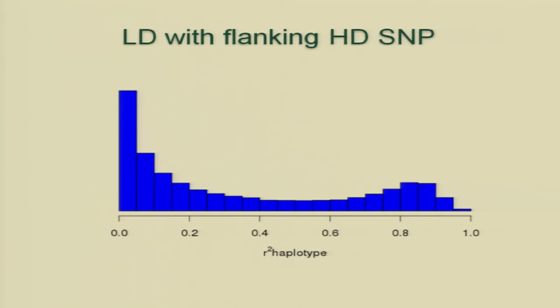The distribution isn't that much different, with low R² between the non-synonymous SNP genotype and what we'd predict from the flanking SNP.